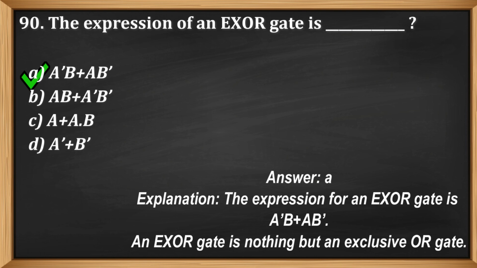The expression of an XOR gate is option A, A not B plus A B not.